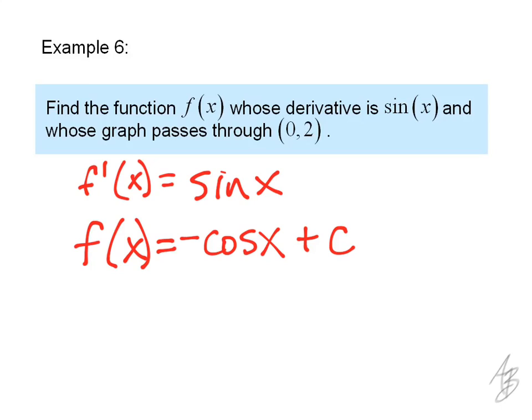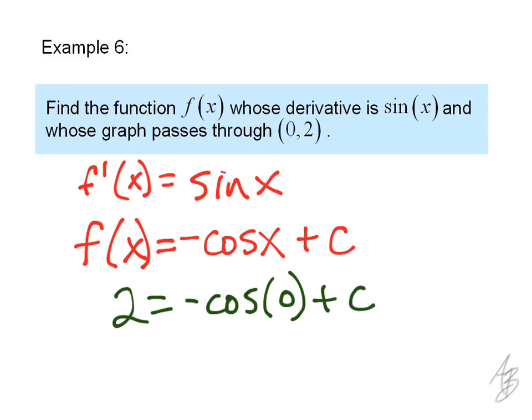Yeah, exactly. So we're going to put 0 in for x, and we're going to put 2 in for y, or for the function. So to figure out what c is, we're going to do this. 2 equals negative cosine of 0 plus c. So what we're doing is we're using these initial conditions to figure out what c is going to be.